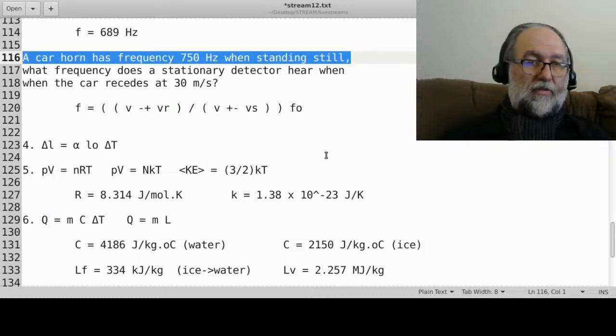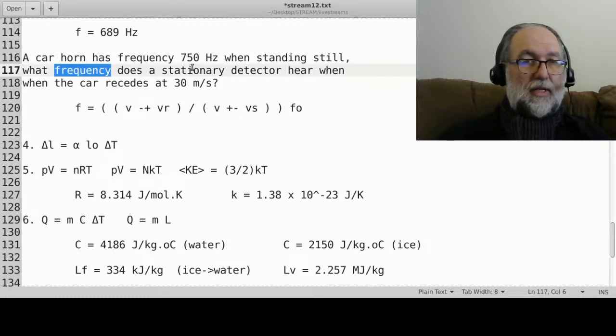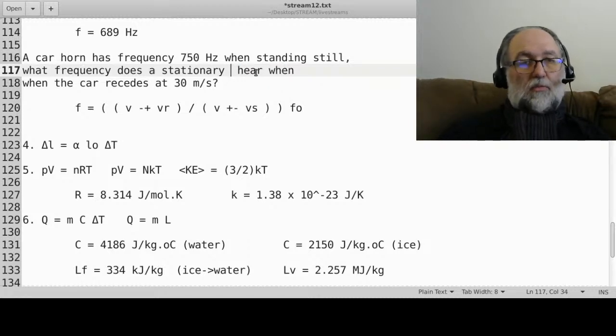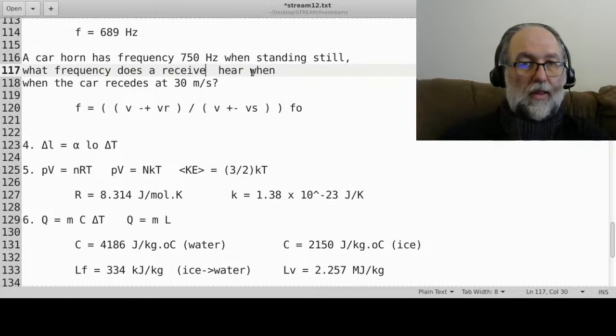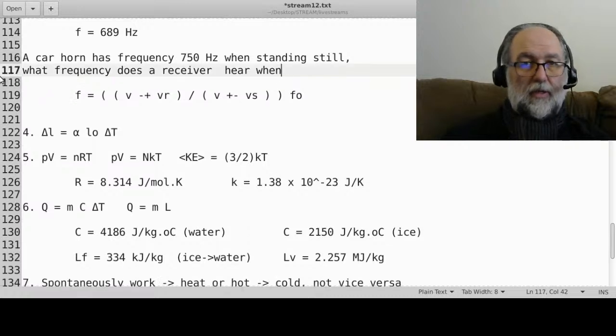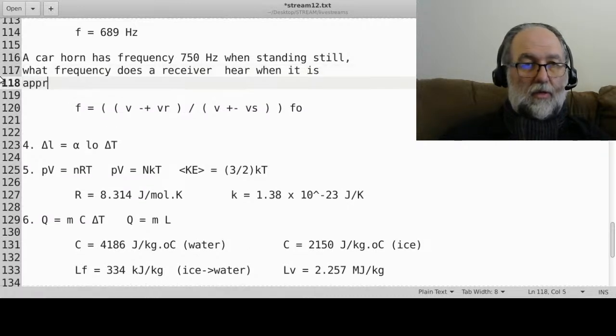So, 750 hertz: what frequency does a receiver hear when it is approaching a stationary car at 30 meters per second? And just to be clear, the car is stationary.